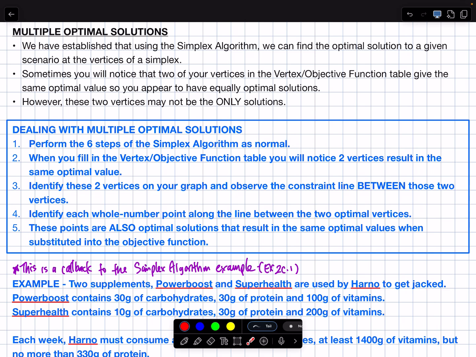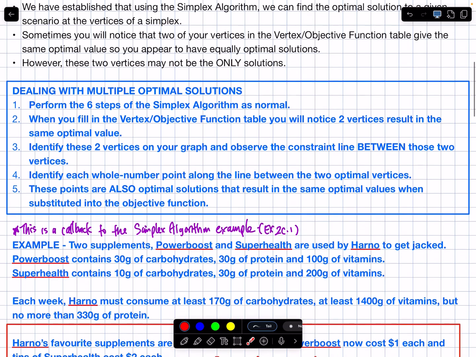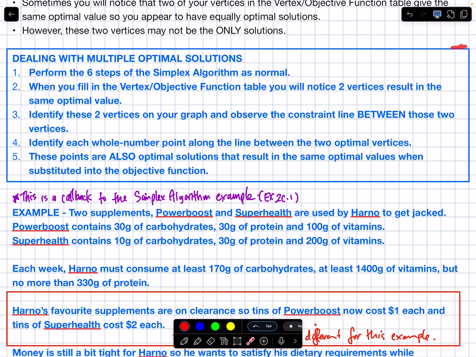Sometimes you're going to notice that 2 of your vertices in the little table that you write up give the same optimal value. So it appears that you have equally optimal solutions. Those 2 aren't going to be the only solutions. So I'd like you to get down, please, these 5 steps for how to deal with multiple optimal solutions, and then I'm going to demonstrate it.